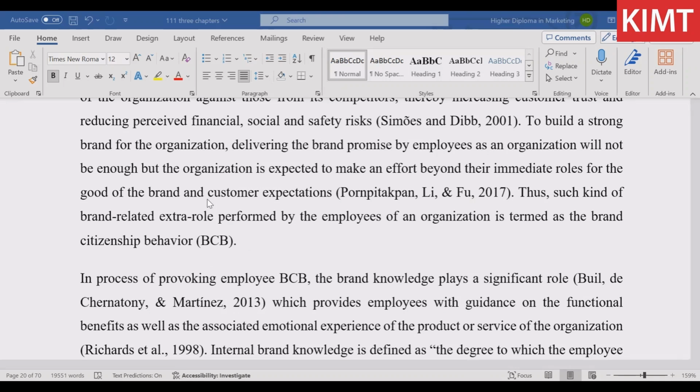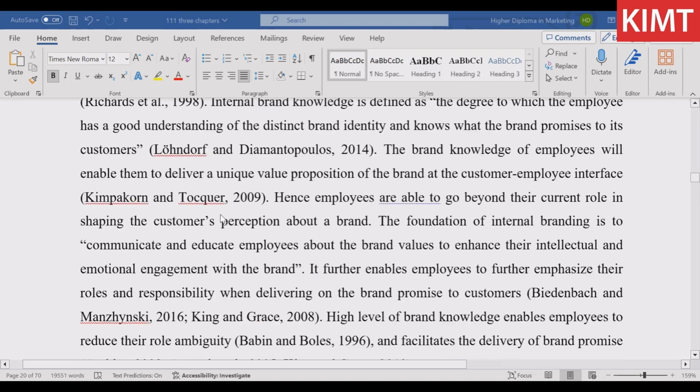But you are actually focused on the employee side, not the customer. You can just explain and put in some citations. This is how other scholars and practitioners explain the variable. So this process we call LR. LR means literature review. I will show you with evidence.